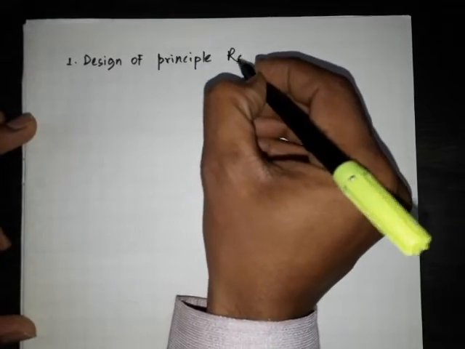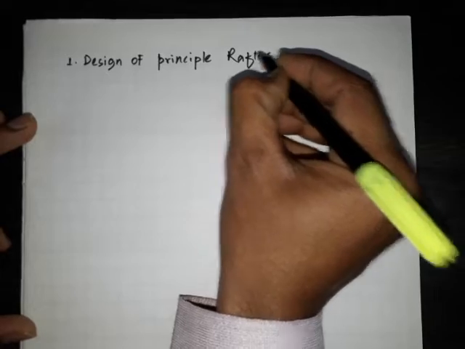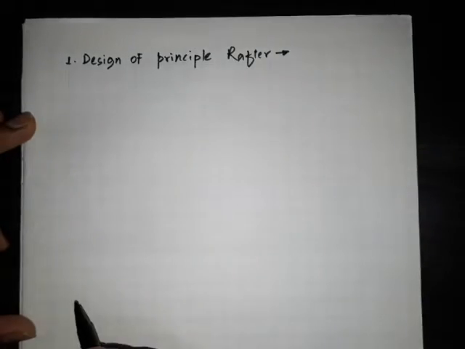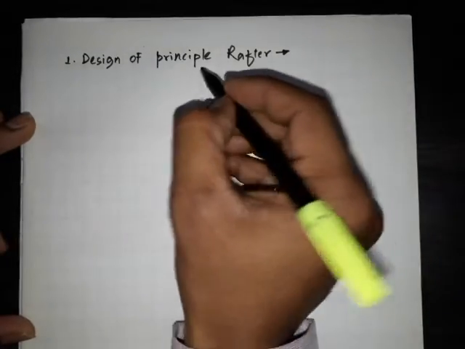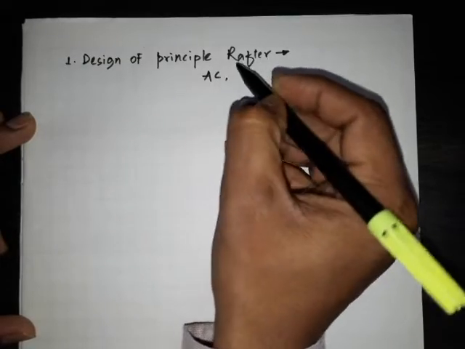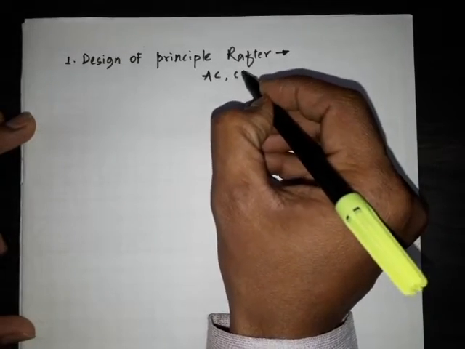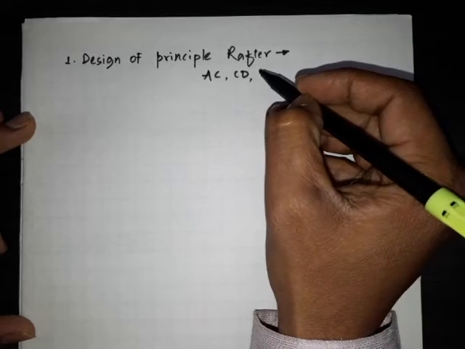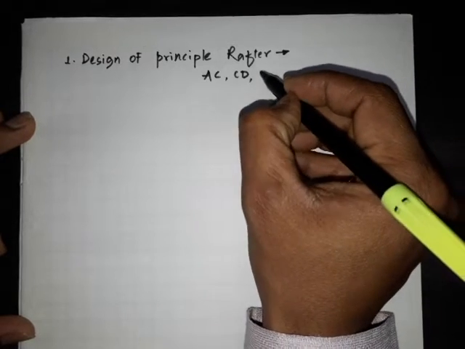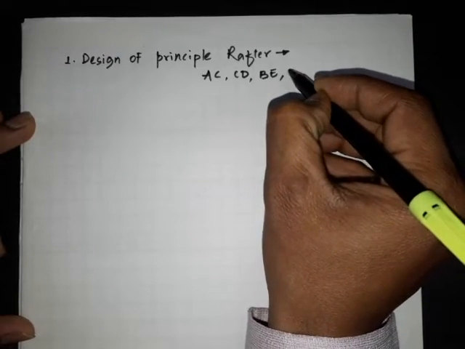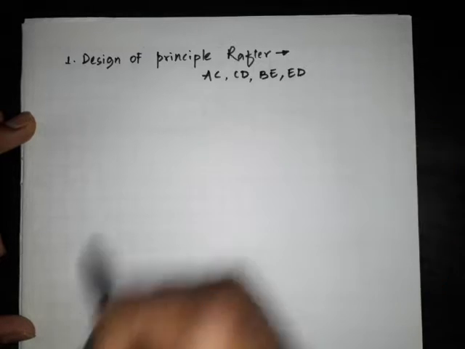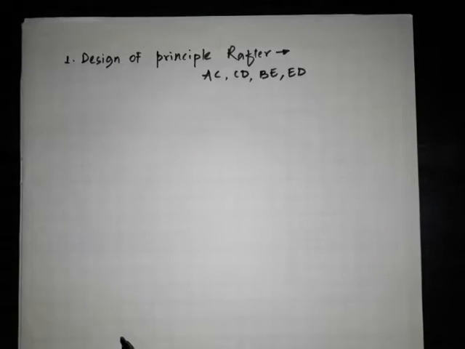Design of principal rafter, that is AC, CD, then BE, then ED. Okay, understood?